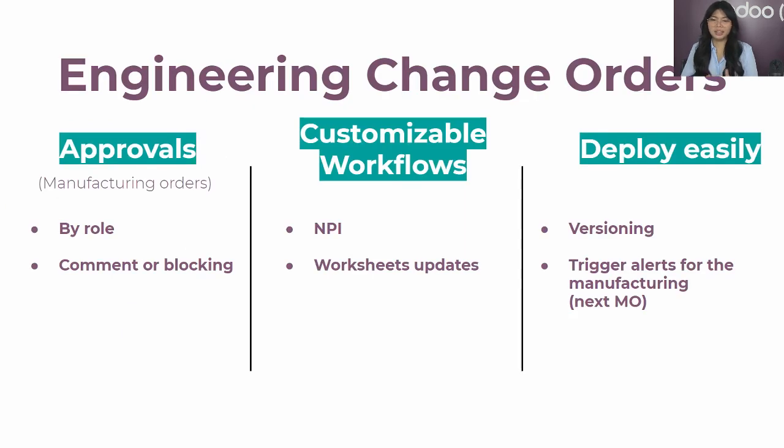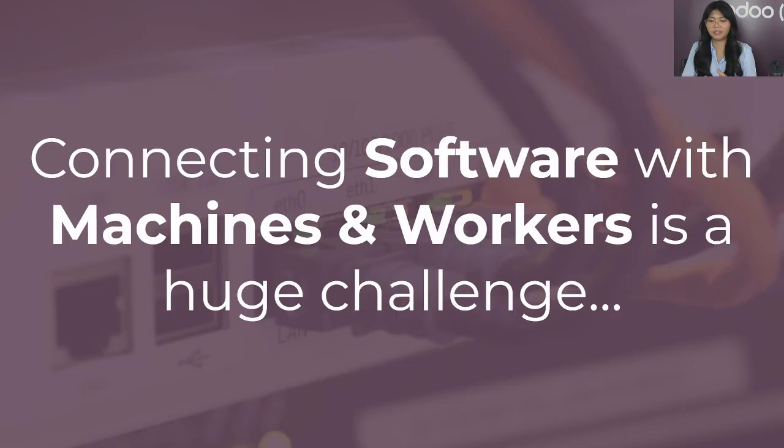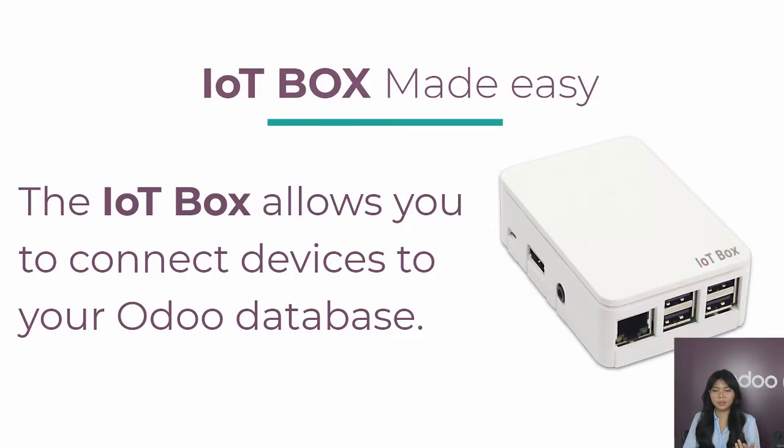So, you can see, ito yung ginawa natin sa ating ECO, yung approvals, yung customizable workflows, tsaka mabilis siya na nade-deploy, pwede na siya dun sa sunod na work order or sunod na manufacturing order. So, meron din tayo na based dun sa sinasabi natin kanina, kung gusto mong mag-weigh, gusto mong mag-take ng picture, kung gusto mong mag-connect ng iba pang mga applications or iba pang mga hardware to Odoo, we have the IoT box that can actually help you do that. So essentially, it will allow you to connect your devices into the IoT box and have the information sent real time into your Odoo database.